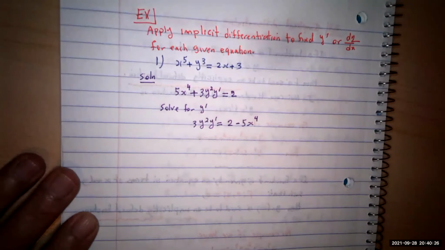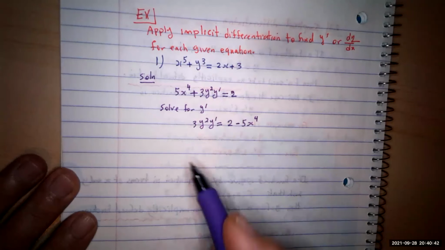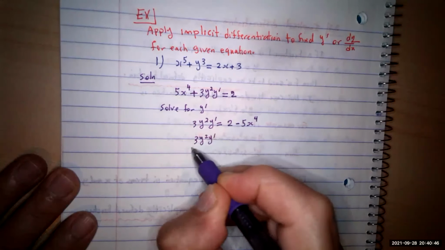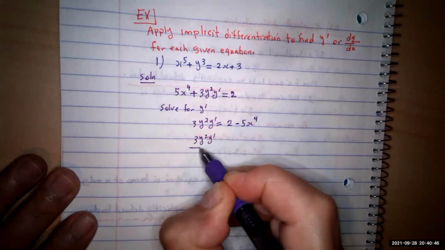Now we want to find the y prime. This is 3y squared y prime. So we are going to divide both sides by the coefficient of the y prime. You divide by 3y squared. And this is going to be equal to 2 minus 5x to the 4th divided by 3y squared.